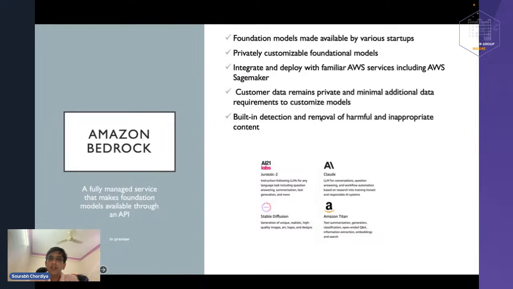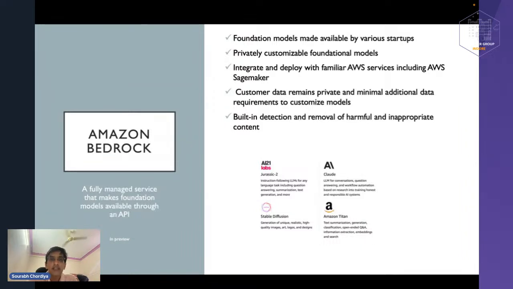And the last point is very important, right? There is a built-in detection and removal of harmful and inappropriate content. When ChatGPT became popular, there was also a lot of news around its negative impacts, right? Somebody might be searching some explicit content, or some sort of a very wrong direction thought, like, let's say, I probably should not use the word, but how do I use poison, right?